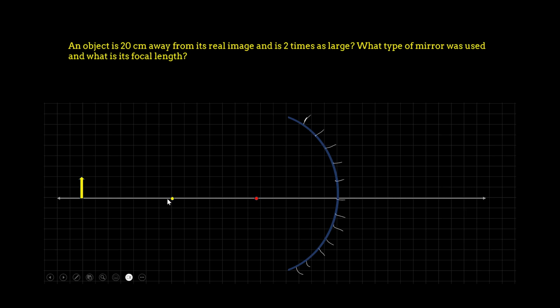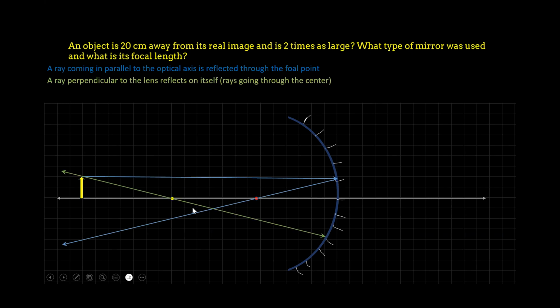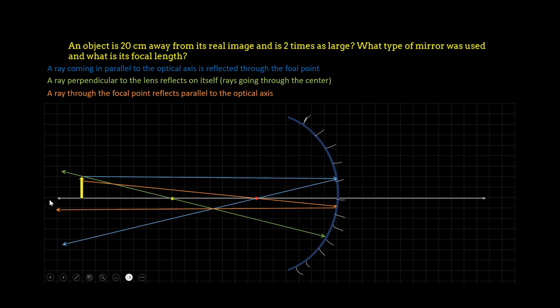Here's the focal length. Here's the radius. Here's the object. A parallel ray goes through, hits the mirror, bounces back to the focal point. A ray perpendicular through the center bounces back on itself. And then the third one goes through the focal point and comes out parallel.